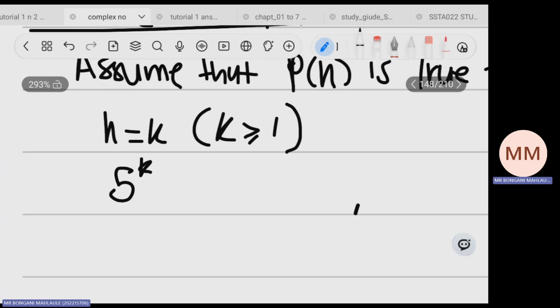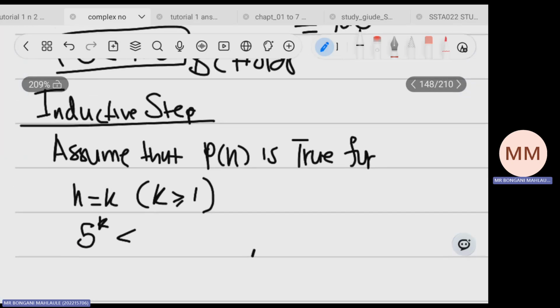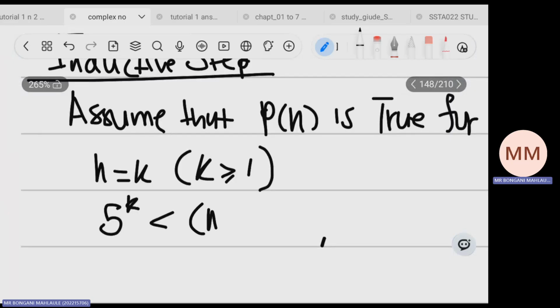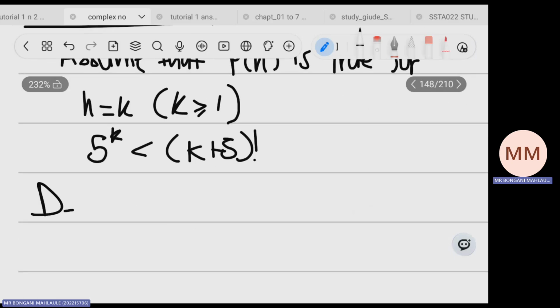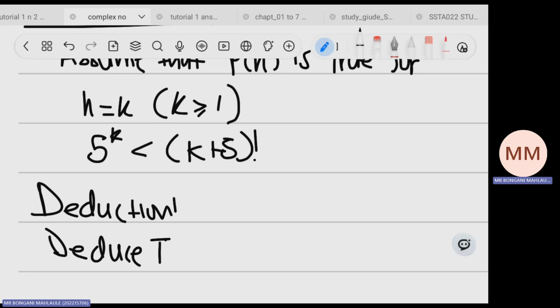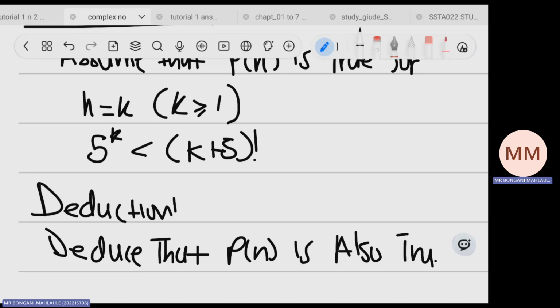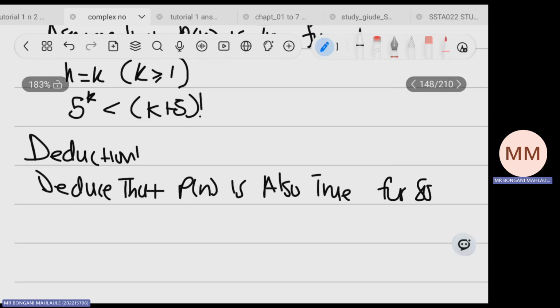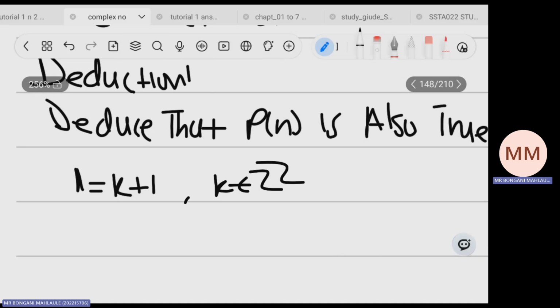So we're having 5 to exponent k being less than k plus 5 factorial. Initially we're having this. Then we'll come to the deduction step. So you must deduce that P of n is also true for n being equal to k plus 1, where k is an element of integers.